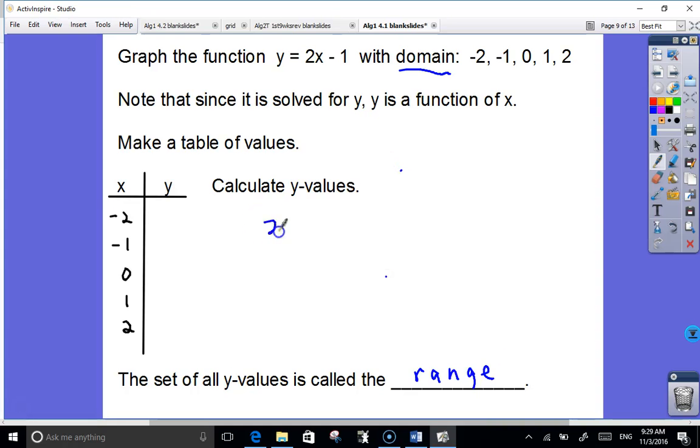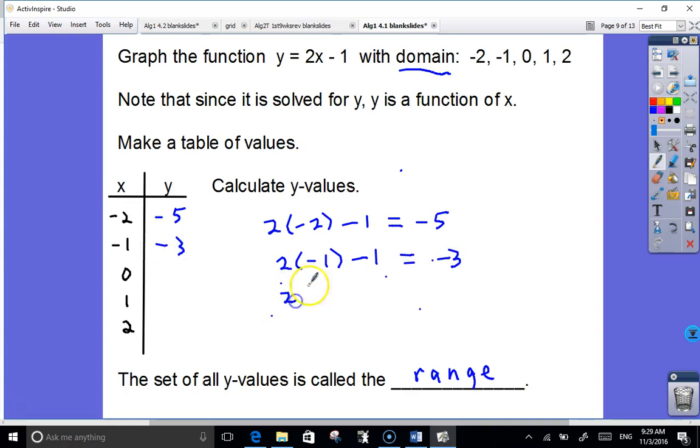So let's see. 2 times -2 minus 1 would be, and you guys got calculators for this if you need it, -5. Okay, what would be 2 times -1 minus 1? -3. How about 2 times 0 minus 1? Okay, do you see a pattern here?